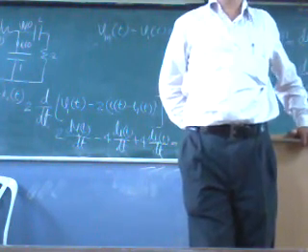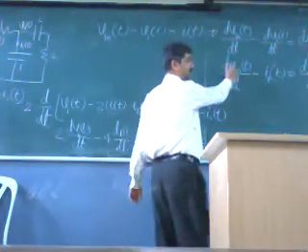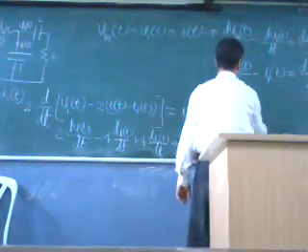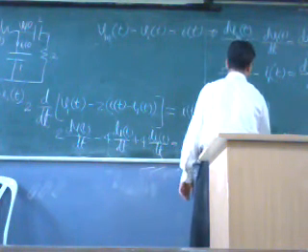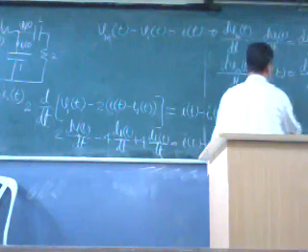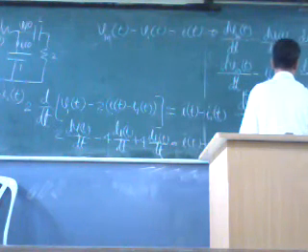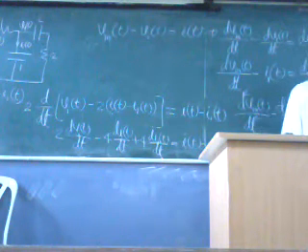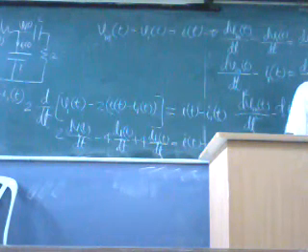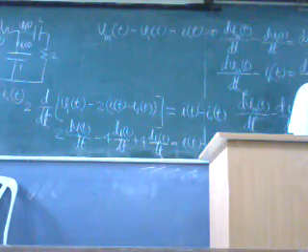So we need to differentiate once more. If we differentiate this equation again, what we get is d2V(t)/dt2 minus dI1(t)/dt is equal to d2I(t)/dt2.